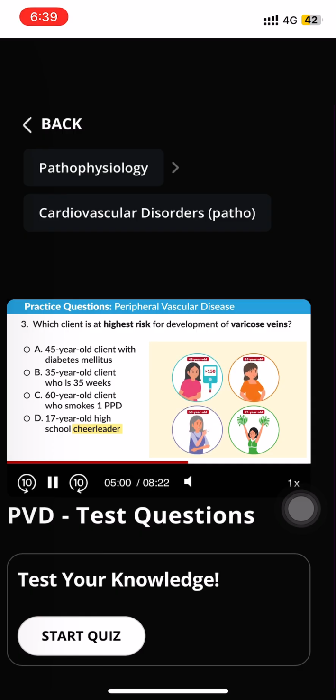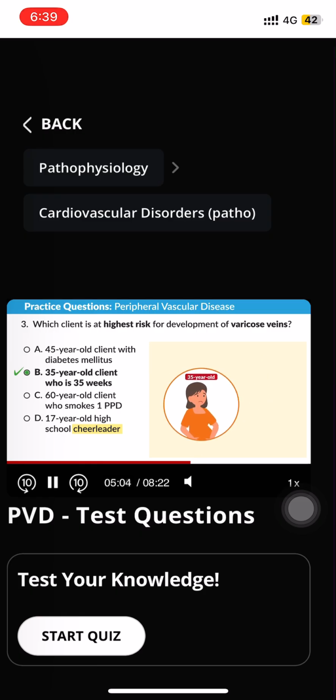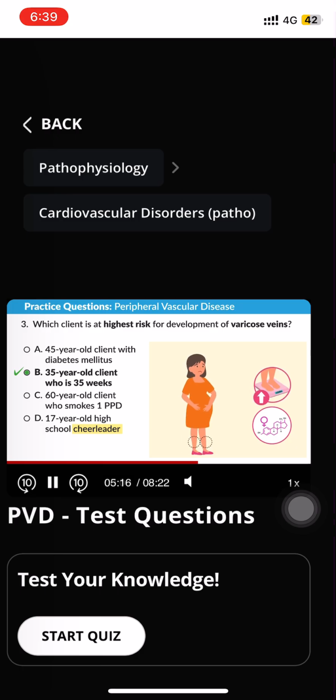But considering all the options, the one with the most risk factors is option B. So listen close here. The client is 35 years old and 35 weeks pregnant. So she's going to have hormonal changes and also weight gain plus circulation changes into the legs from increased abdominal girth, or basically increased size of the baby.